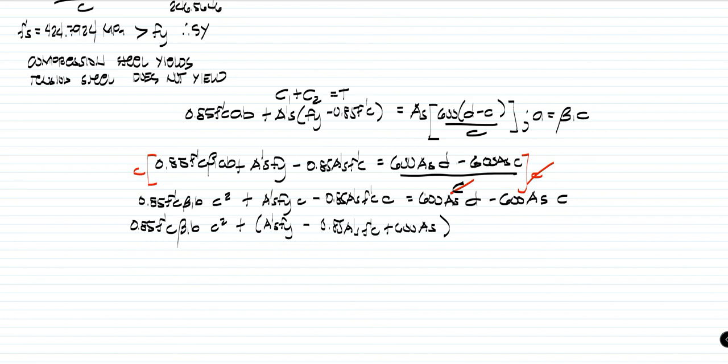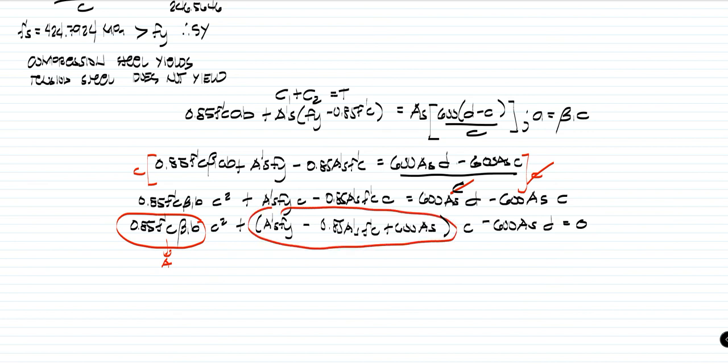Then may variable sila na C. Then ito will become negative, so that is minus 600 ASD. So that is equal to 0. So syempre this part should be A. This part should be letter B, and this part should be our big letter C.